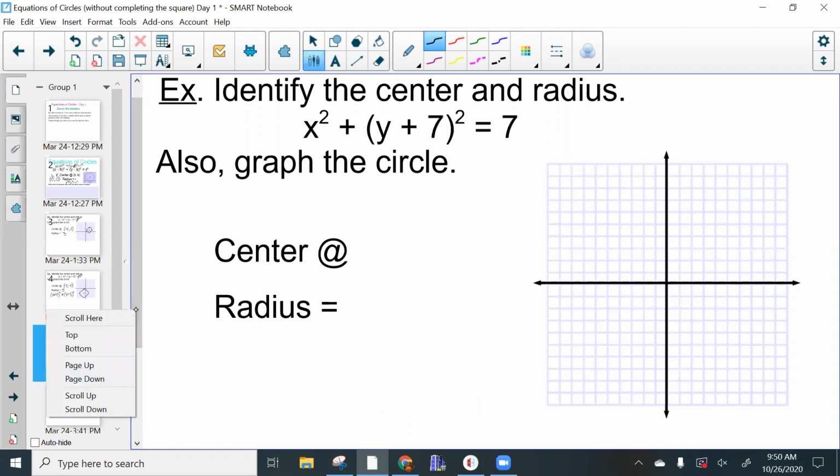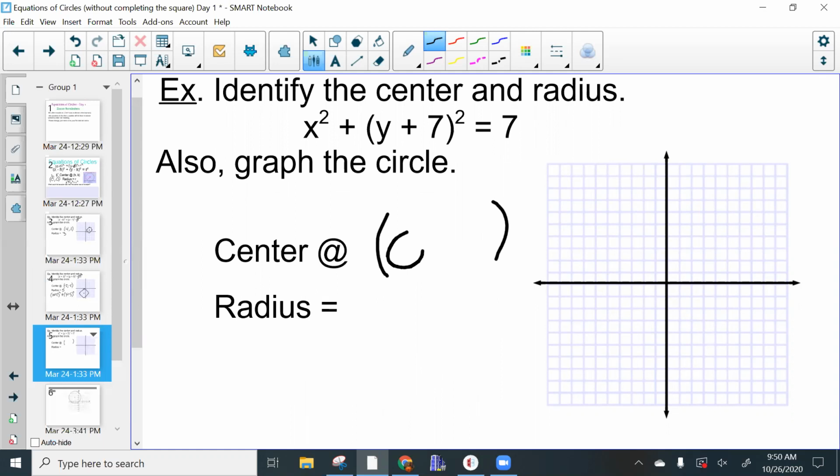All right, so let's go ahead and look at this example. This one looks a little different as well. Does anyone know what the center would be for this equation? x squared plus y plus 7 squared equals 7. Yeah, so he said 0, -7. How did you know it was 0?